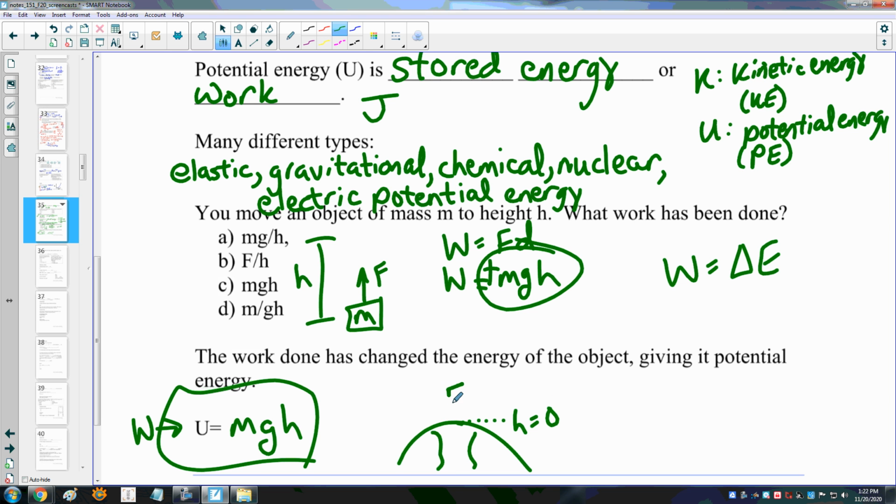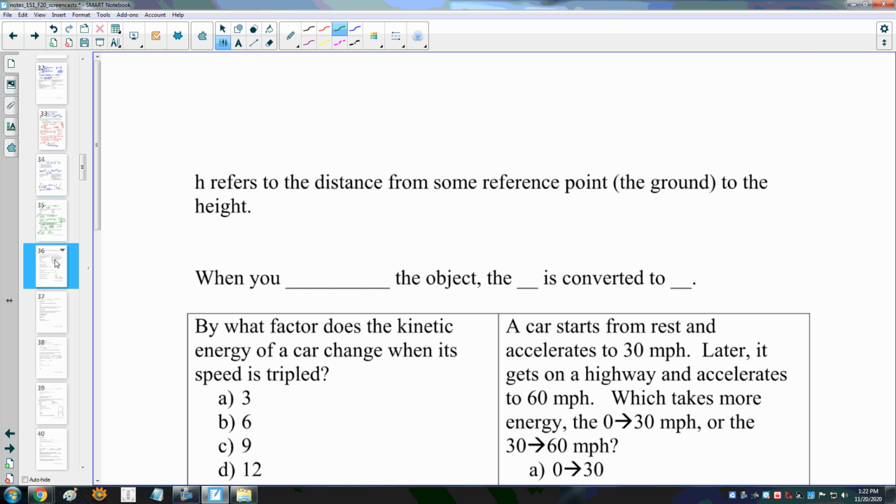So if I move some object to some height h, it now has gravitational potential energy because I've done work on that object to lift it against the Earth's pull due to gravity. H here refers to the distance from some reference point, the ground, to the height. And that's what I was just saying, that our reference point, just for the sake of making it easier, I'm all about making it easier, is that we'll always assume that the ground is h equals 0.